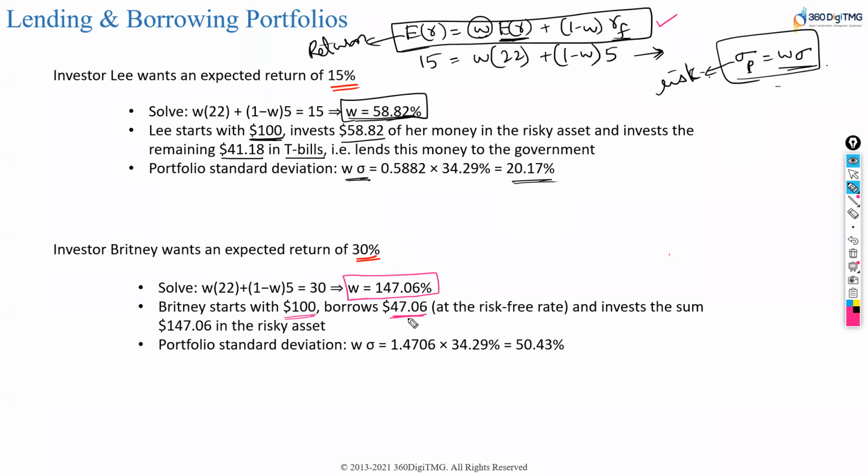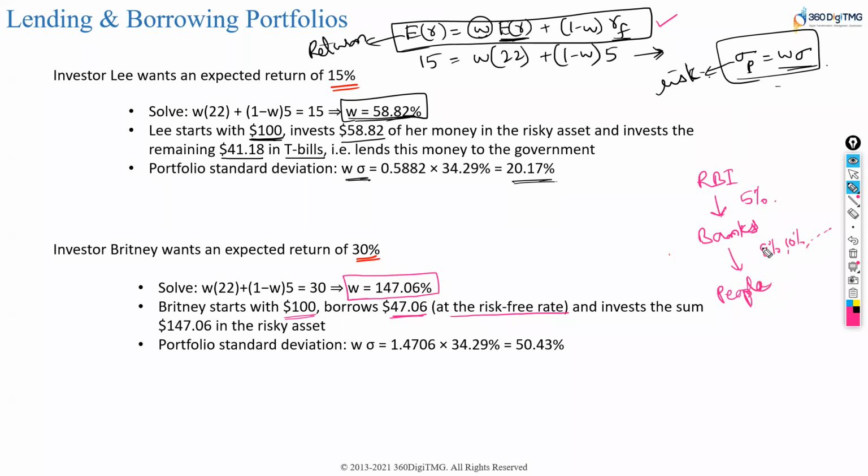So say Brittany borrows the money at a risk-free rate. Usually what happens, say you have the Reserve Bank of India that is going to lend loans to the banks. RBI is lending banks loans at 5%. And what will banks do? They will lend loans to the people, and they lend the loan at 8%, 10%, 12%, whatever, different percentages.